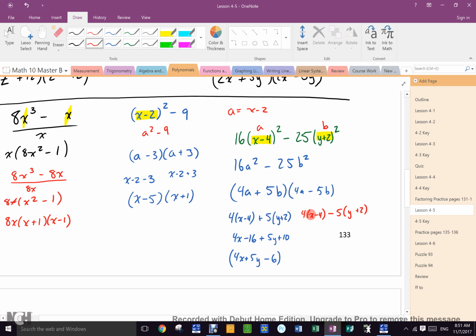So that is 4x minus 16 again, minus 5y minus 10. Can I put x's and y's together? No, so it's 4x minus 5y. And what's negative 16 minus 10 now? Negative 26.